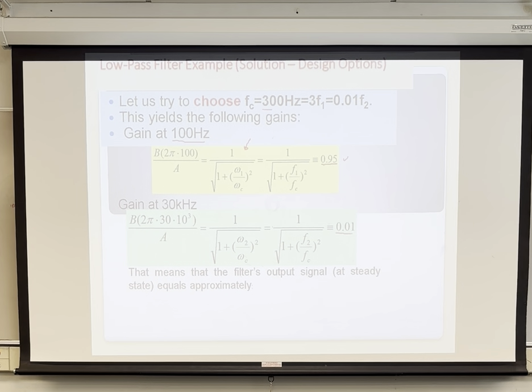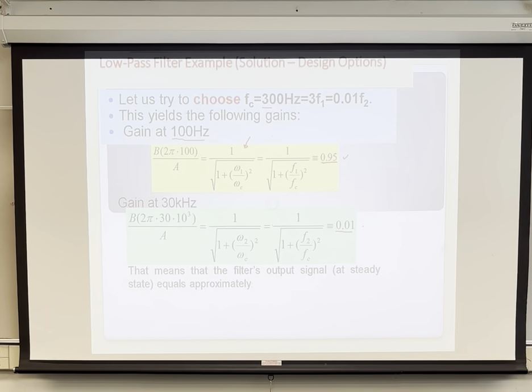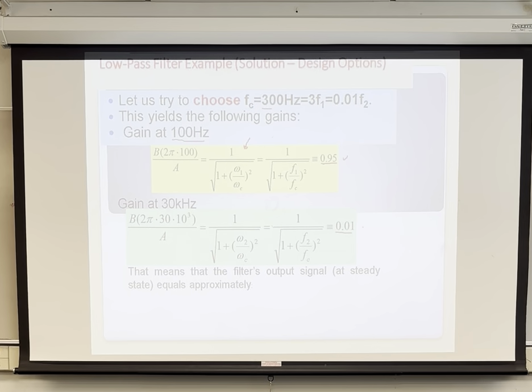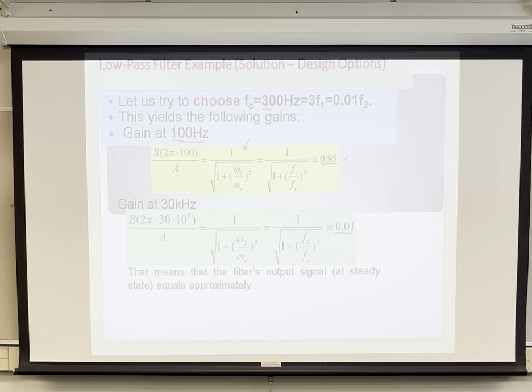And that's 0.01, so you can calculate 20 log of 0.01. What is that on your calculator? Log 10 of 0.01. You're going to get a negative number, but that's okay.